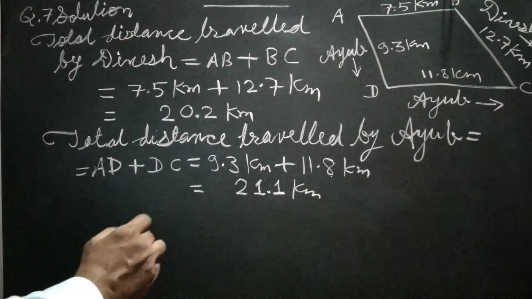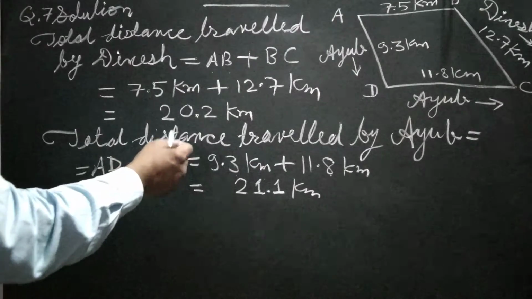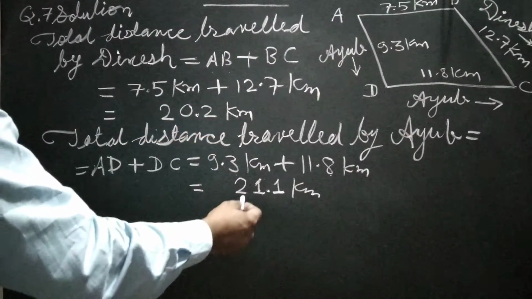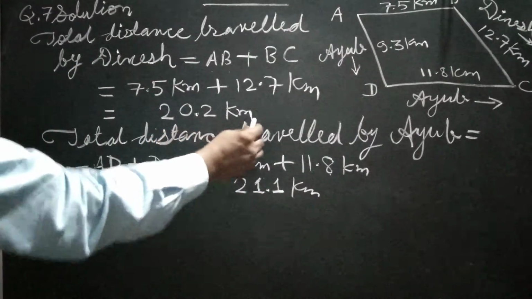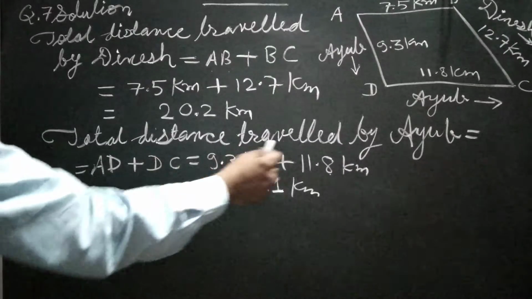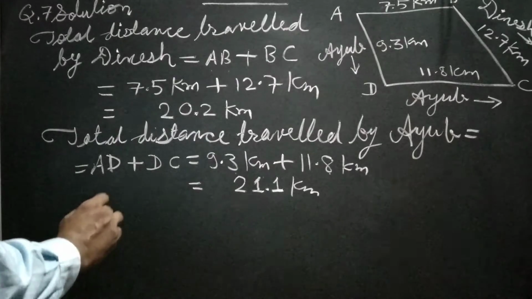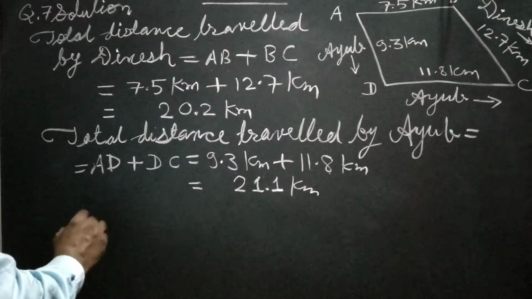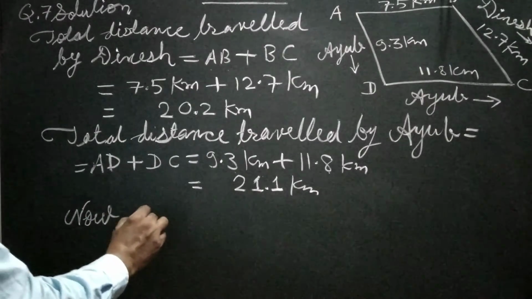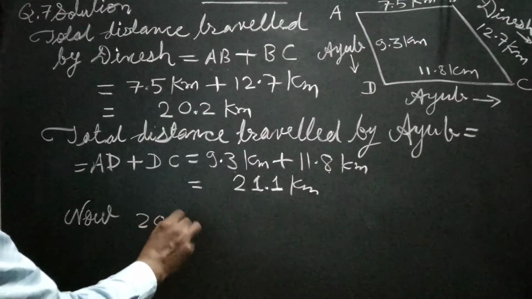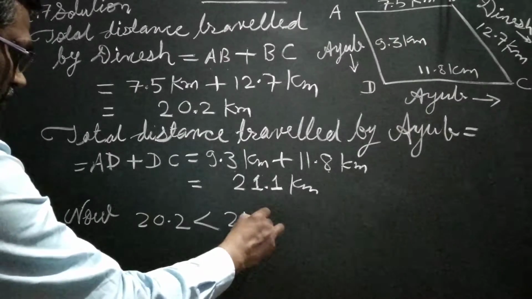Now we will compare. Here we are seeing 20.2 km, here 21.1 km. Distance traveled by Dinesh is 20.2 km and distance traveled by Ayub is 21.1 km. So it is clear from these two figures we can write that 20.2 is less than 21.1.